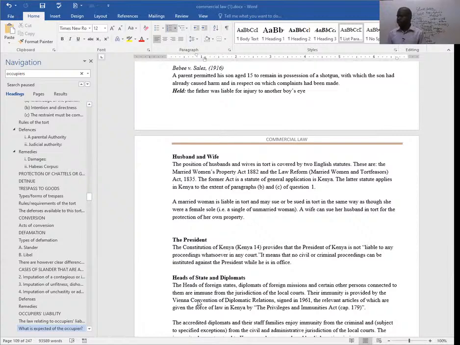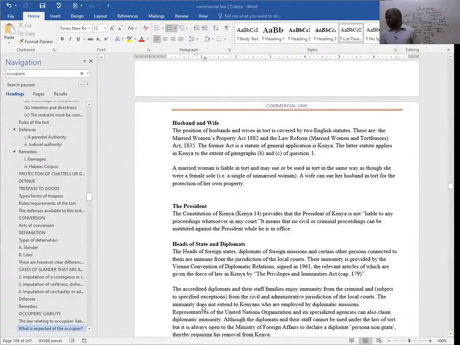But of course, they're immune from any court proceedings while they're still serving as ambassadors or high commissioners in the countries they serve, as outlined in the Vienna Convention on Diplomatic Relations.